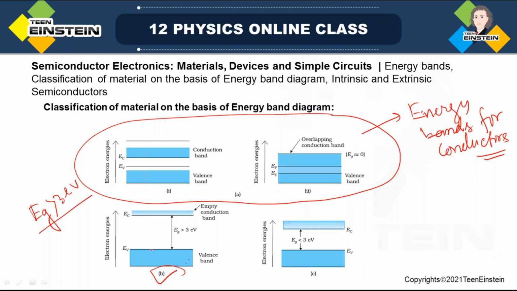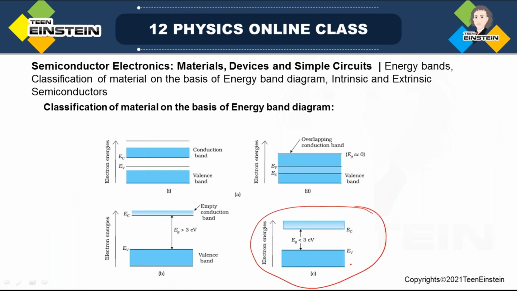Even if there was a possibility to populate this conduction band by valence electrons, the band gap is so large that it will not be possible to excite any electrons from the valence band to the conduction band, and that's how it will act as an insulator.